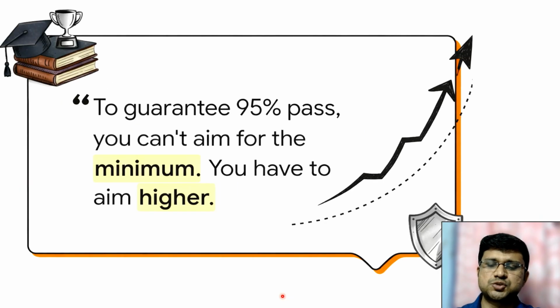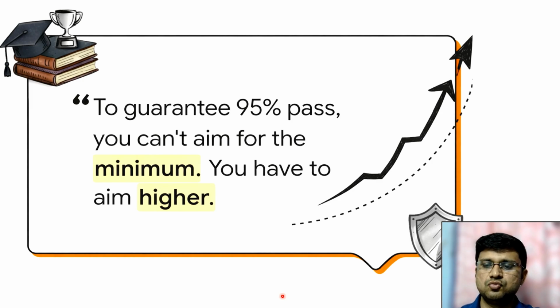We can also explain this concept of characteristic value and target value based on one simple classroom example. Suppose as a teacher, we want at least 95% of my students to pass a particular exam, and the pass mark is 40. Now, if we tell students to just aim for 40, many of them may actually score below it.